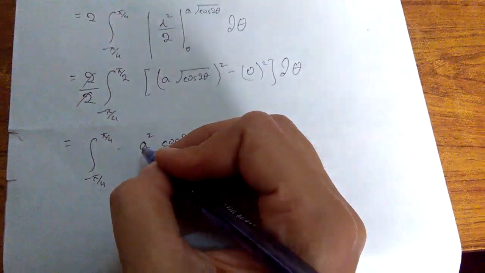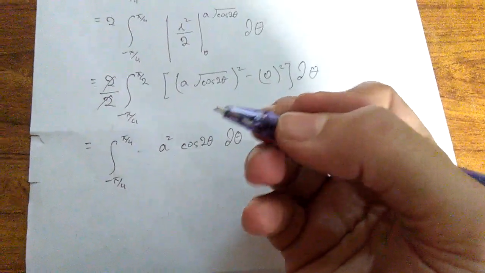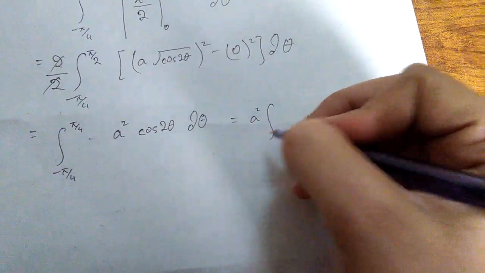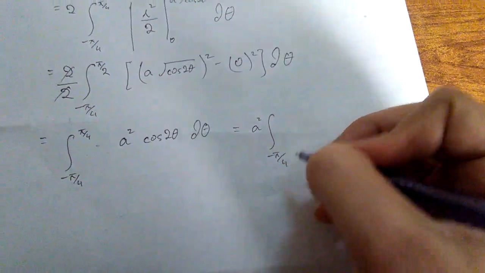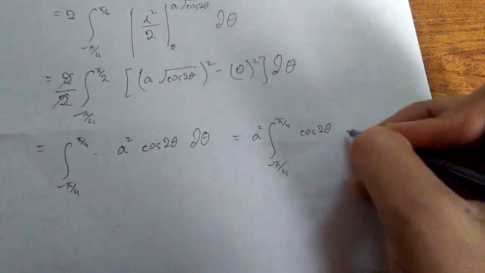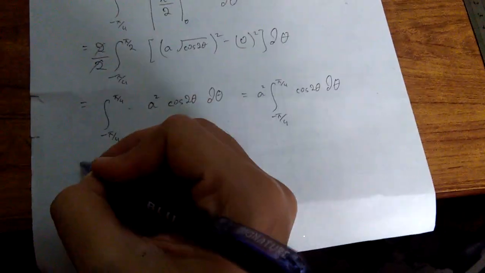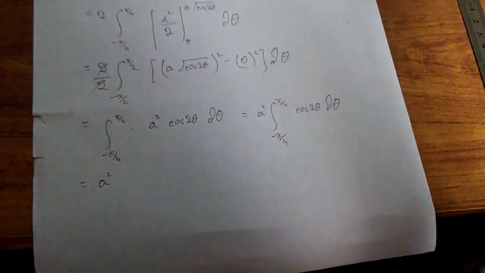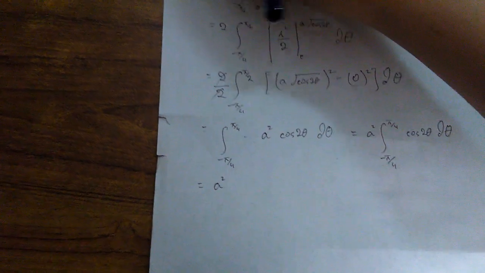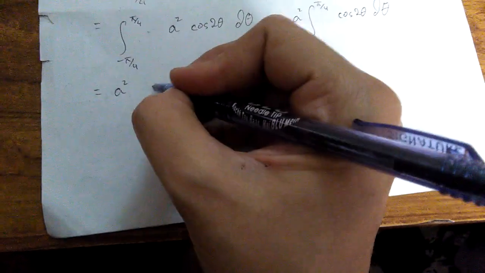Now a square is a constant, so it will be written outside the integral. The cos 2 theta is left, and you can make a u substitution if you want to, or you can do a direct integration. I'm just doing it directly.